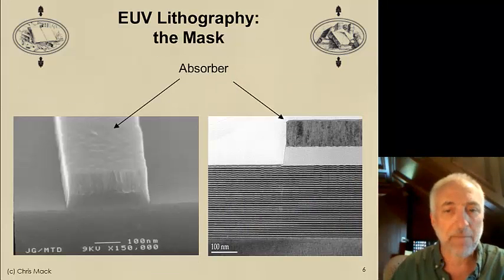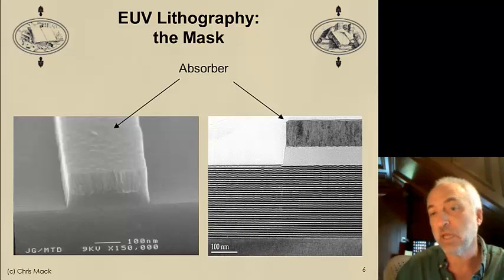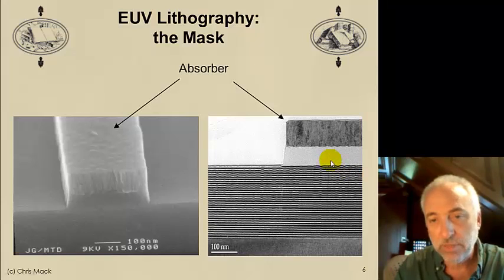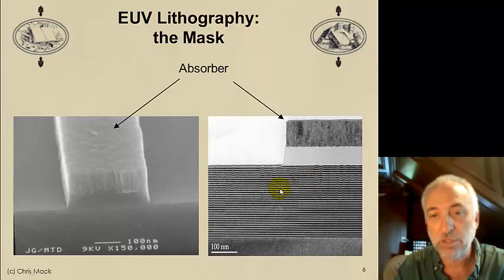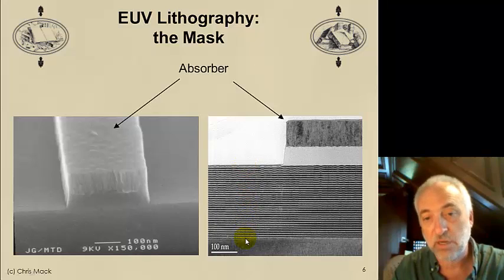Let's take a look at a mask. And by looking at the mask, we'll also see something about how mirrors are made. Here are 2 images, a SEM image and a tunneling electron microscope image of a photomask in cross-section. Here we see the multi-layer mirror. Very, very thin layers alternating, and a whole bunch of them that make the reflector.